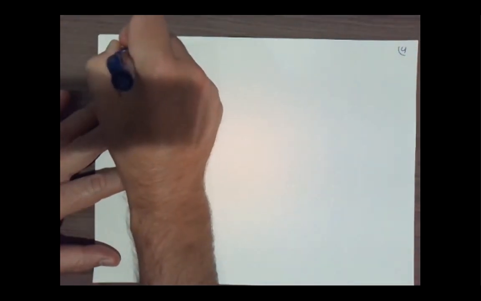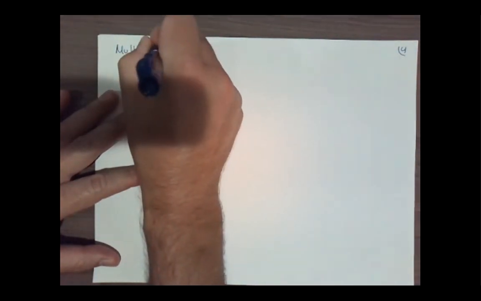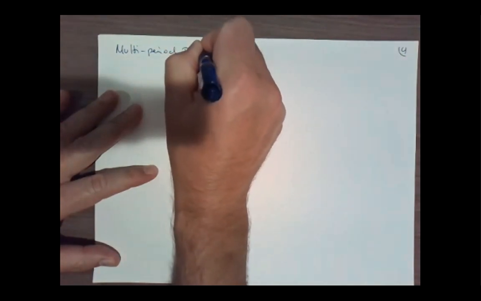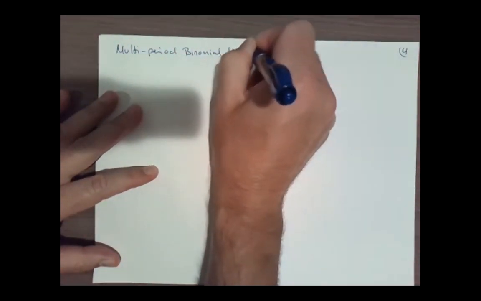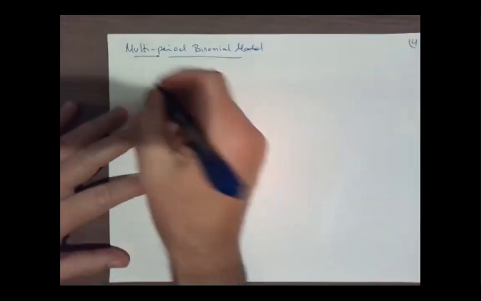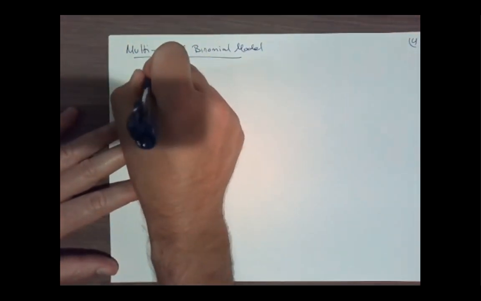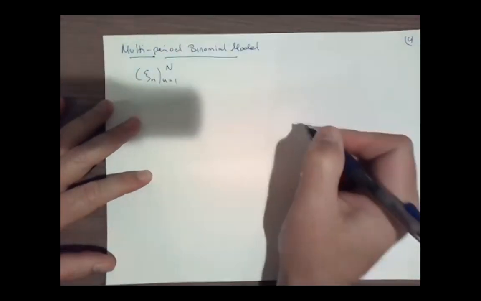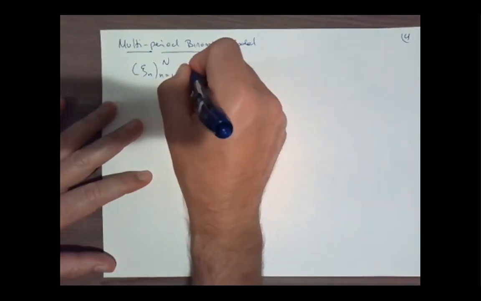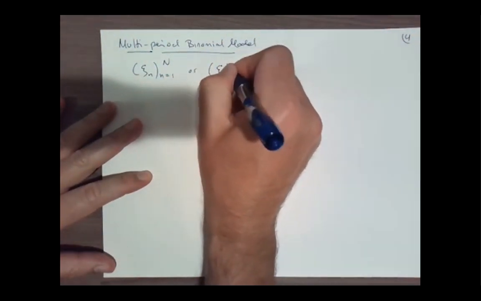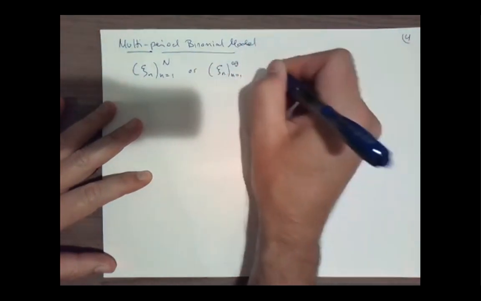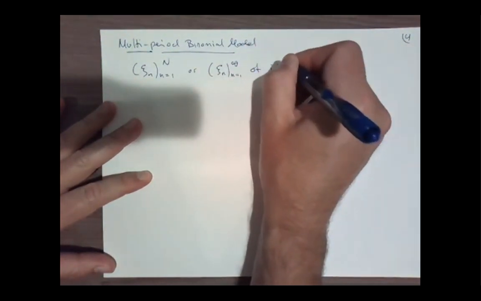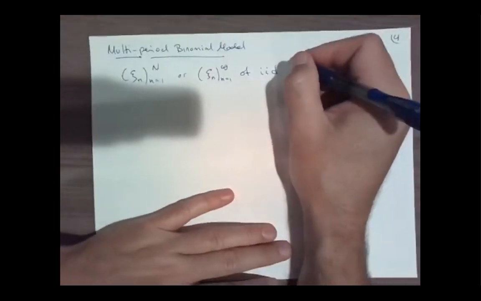The multi-period binomial model. The starting point is these Bernoullis. You're going to start out with either a finite number or an infinite number. These are IID coin flips.